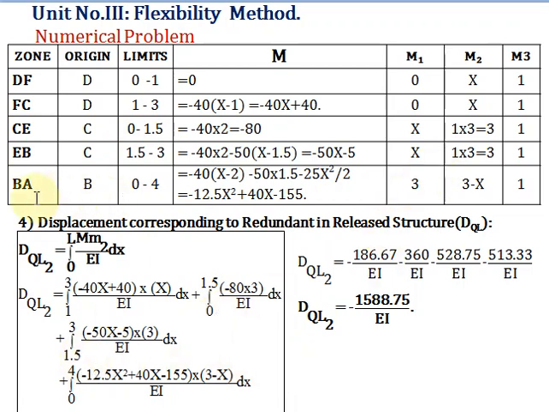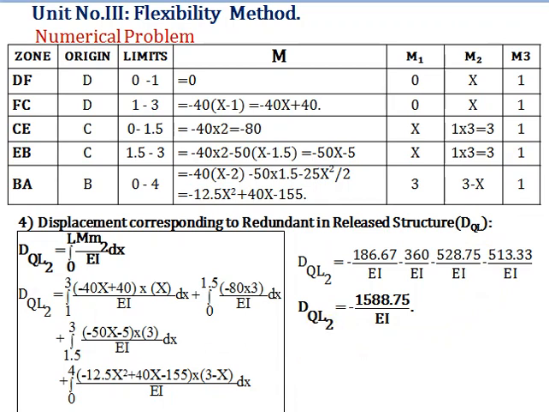Then for zone EB, limit 1.5 to 3, minus 50x minus 5 into 3. And the last zone, that is BA, limit 0 to 4, minus 12.5x square plus 40x minus 155 into 3 minus x. After solving this, we'll get the value of dQL2.